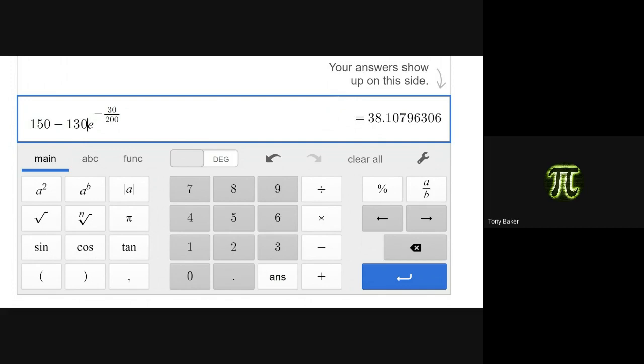What's going to happen over time? It's going to keep getting saltier. So will it ever have 1,000 kilograms of salt? Why? Water. So what's the maximum amount of salt it can have?